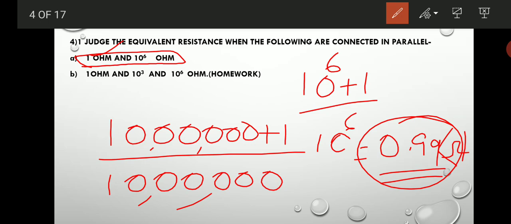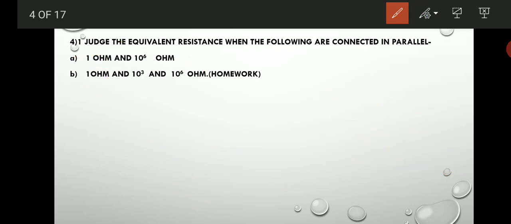Now similarly find the second one also. Here 3 resistors are given, 10 ohm, 10 to the power 3 and 10 to the power 6 ohm. Similar problem it is. Just find it, and this is important.